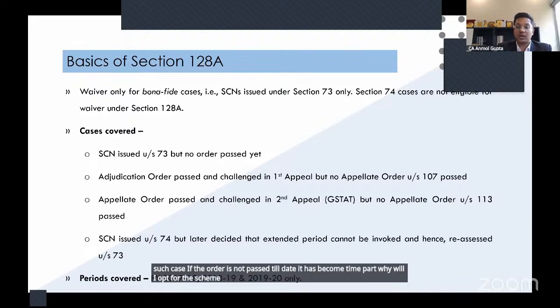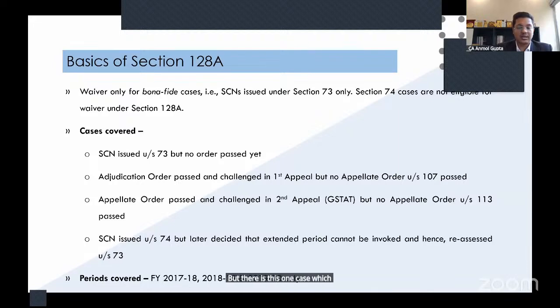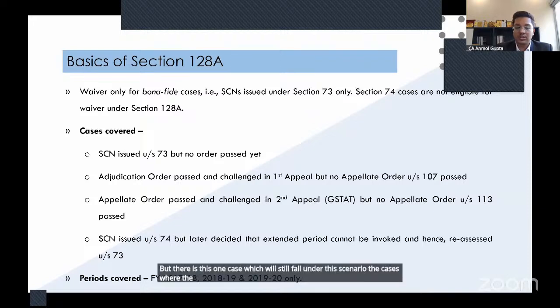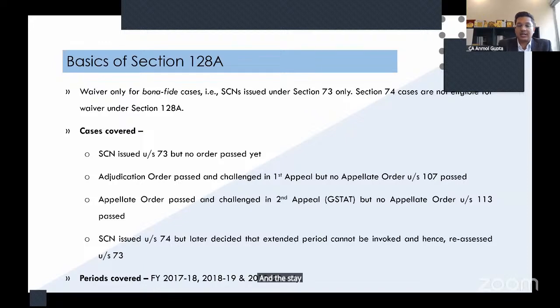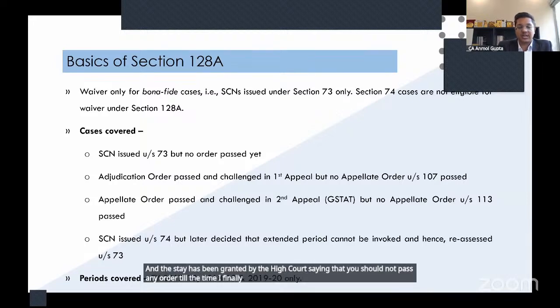But there is this one case which will still fall under this scenario. The cases where the show cause notice was issued, you filed a writ petition before the Honorable High Court under Article 226 of the Constitution against the show cause notice itself, and the stay has been granted by the High Court saying that you should not pass any order till the time I finally decide the writ petition of the taxpayer.